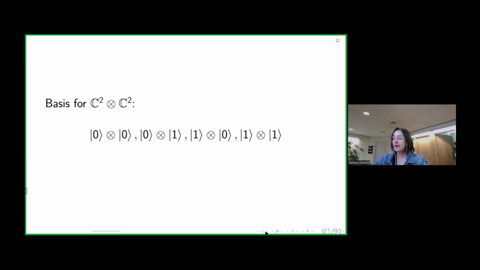Okay, so if we are using 0 and 1 as a basis for C2, the basis for the tensor product of 2 copies of C2 is going to be this one. And now we're going to simplify this a bit so we don't have to write this big symbol every time we're talking about this tensor product.